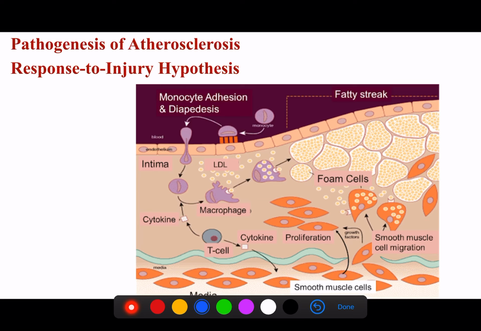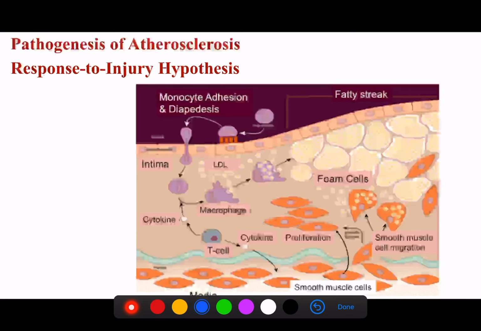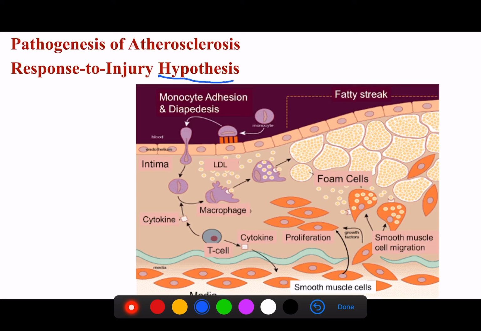Let's move to the pathogenesis of atherosclerosis. The pathogenesis of atherosclerosis is built on hypotheses. We have three hypotheses in this section. The first one is called inundation of lipid, which means travel of lipid from the lumen to the tunica media.